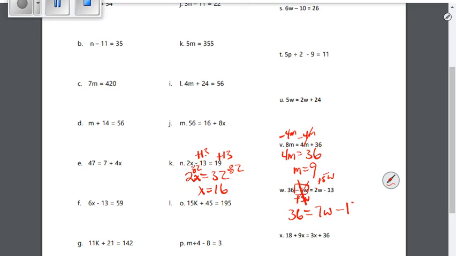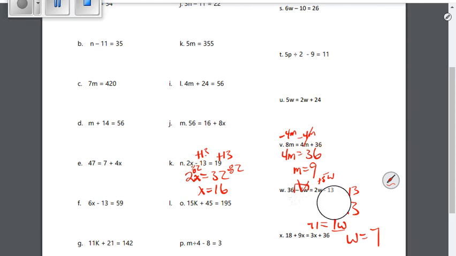I still have the minus 13. Now, instead of minus 13, I can add 13, add 13, and I still have 7w. You're going to equal 49. Divide by 7 is the opposite of multiplying, right? So divide by 7, w is equal to 7.